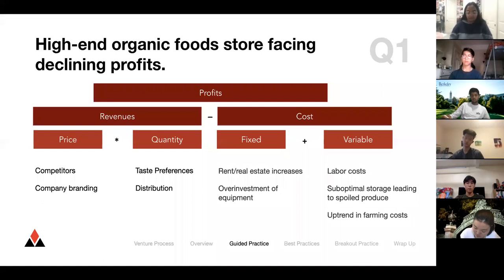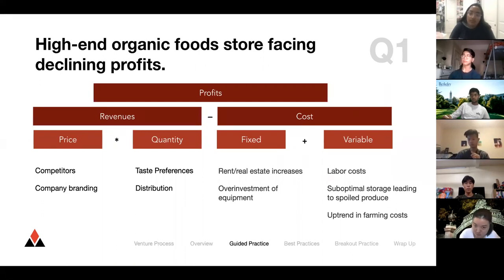So if there are distribution channels that allow us to sell more or buy more from our suppliers, maybe that impacts our quantity. And then on the cost side, we might say variable costs are made up of labor. It's made up of maybe suboptimal storage, and maybe farming costs have increased as well. So the key here is to be specific. And that's how you will be able to deliver a good response to question 1.